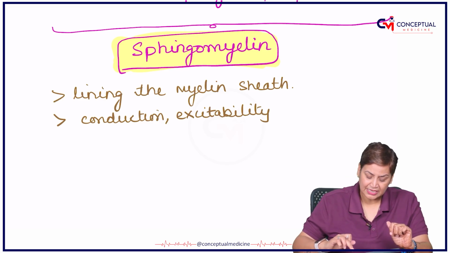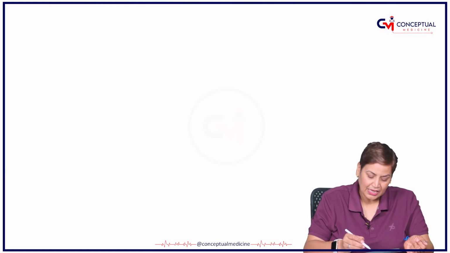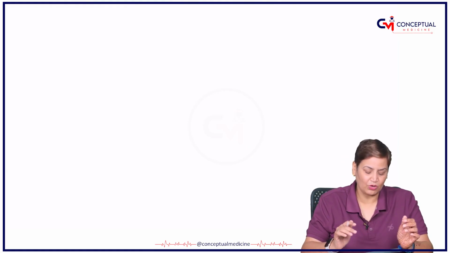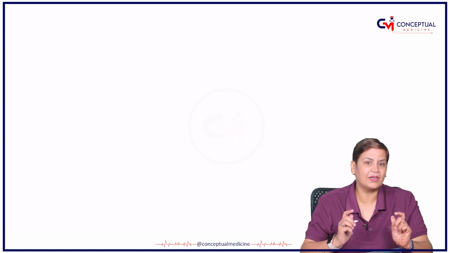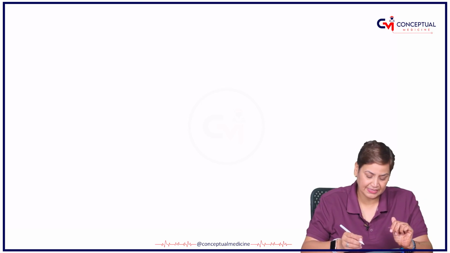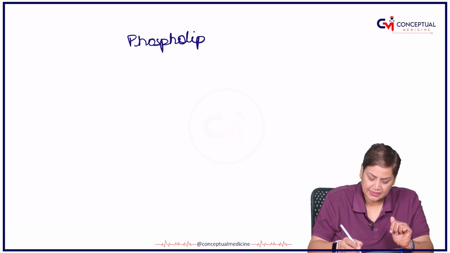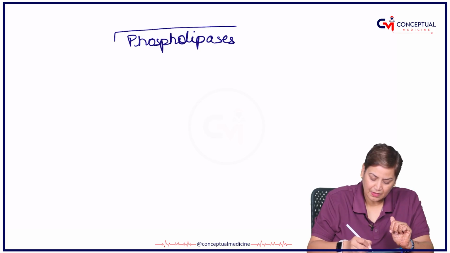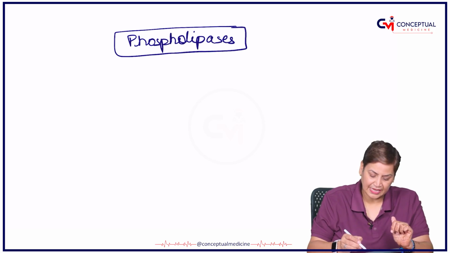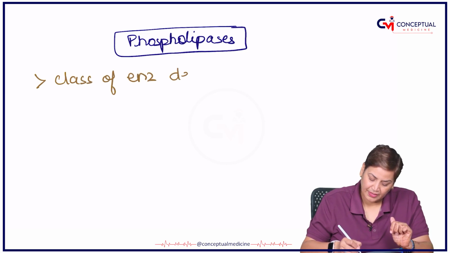Now the question is, if they are produced in the body, they also have to be degraded in the body. In general, the enzymes required for the degradation of phospholipids are phospholipases. So phospholipases are a class of enzyme degrading a phospholipid.